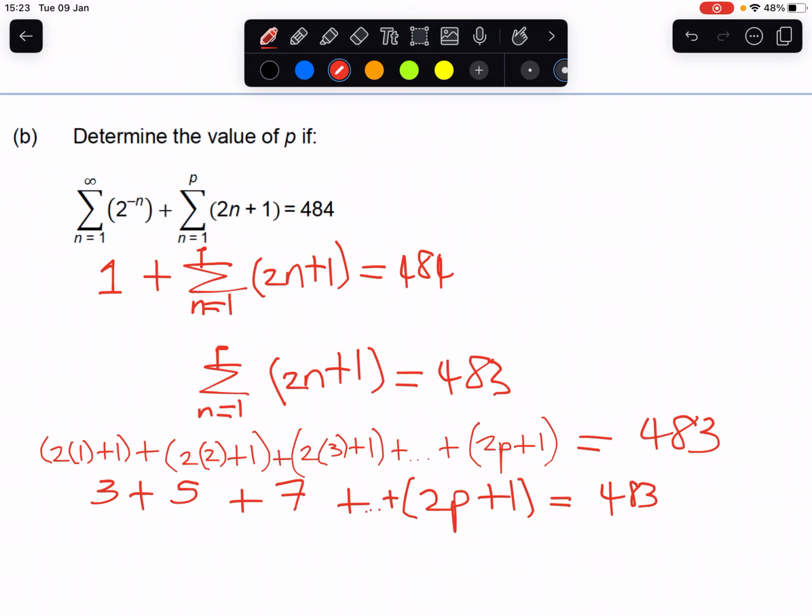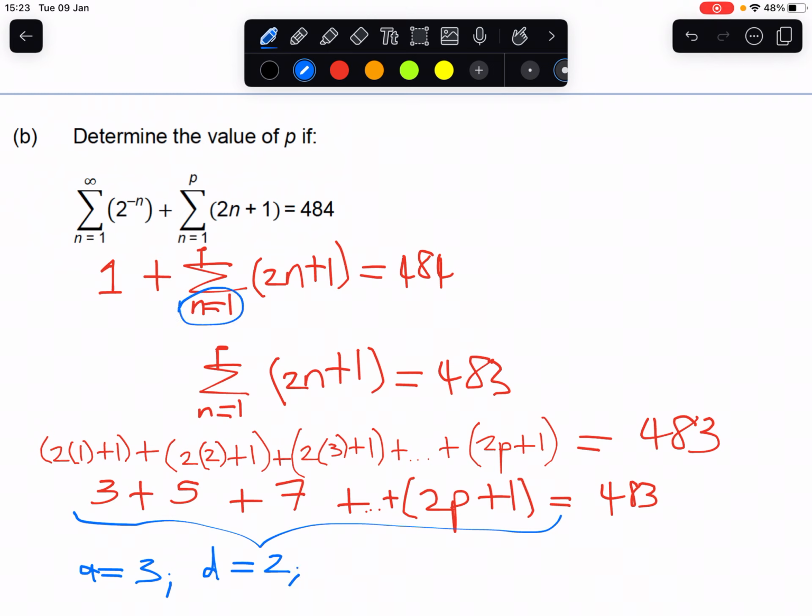Okay, so this is an arithmetic series where a is equal to 3. The difference between each term is 2.